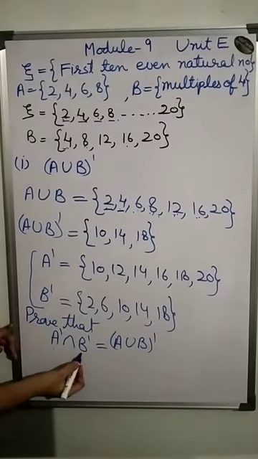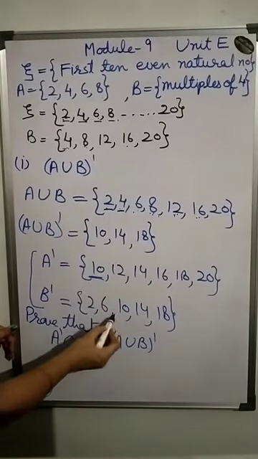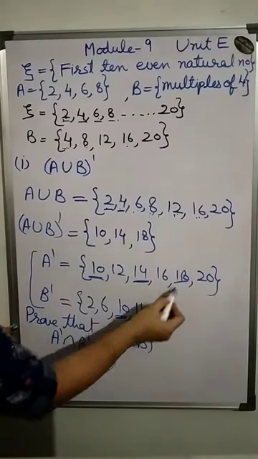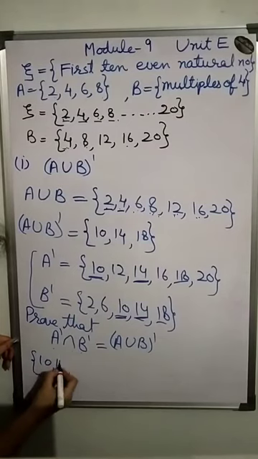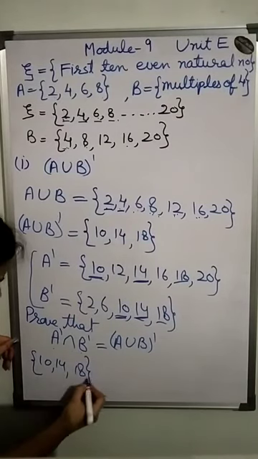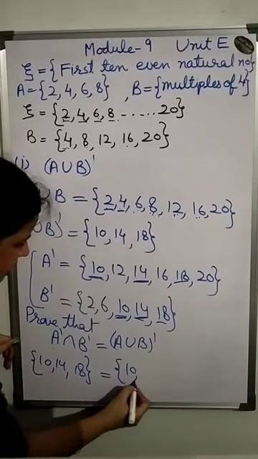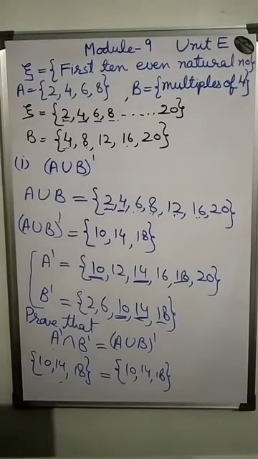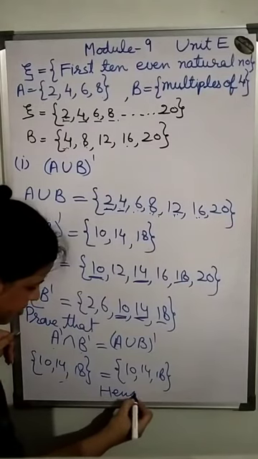So A dash intersection B dash is equal to, just see which ones are common here. 10 is here, 10 is common, and 14, then 18. These three elements are common here. So A dash intersection B dash is 10, 14 and 18. And A union B dash we already found out is 10, 14, 18. These two are the same, so we can say hence proved.